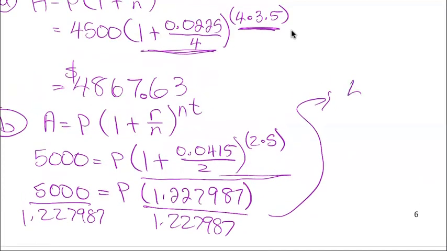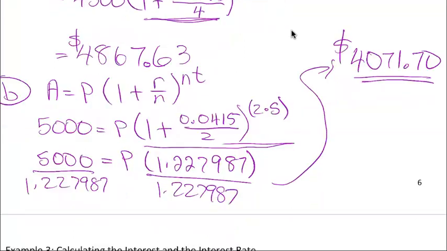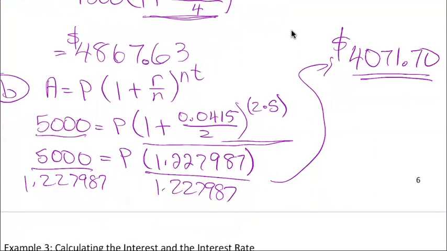I got 4,071.70. So you would need to invest about $4,071.70 right now at 4.15% compounded semi-annually to have $5,000 at the end of the 5 years.